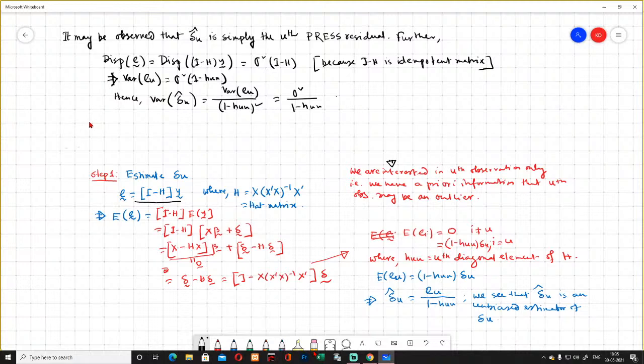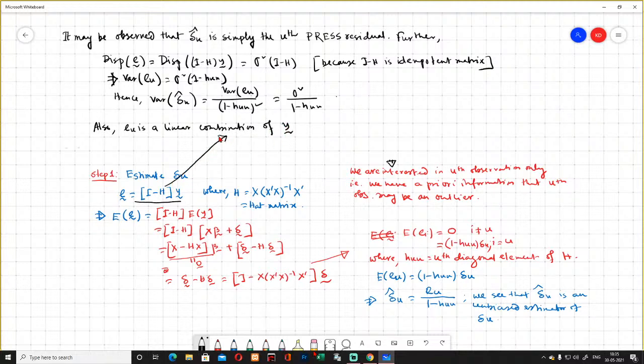And also we see that e u is a linear combination of Y curl.